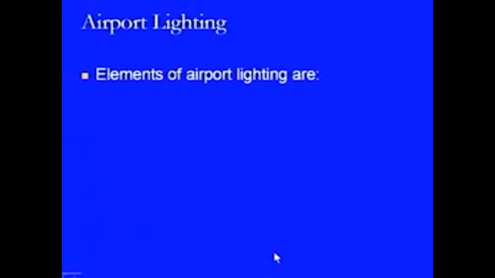Once we have looked at the various factors which can control the type of airport lighting, we look at the various elements of airport lighting which need to be provided.